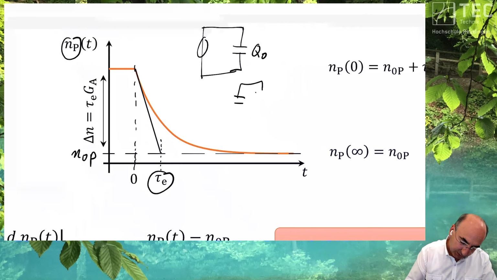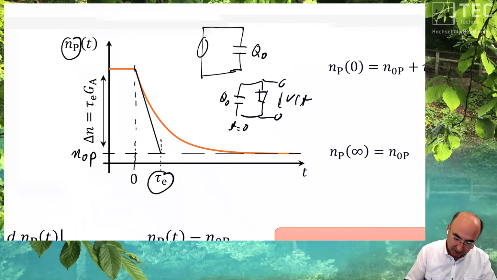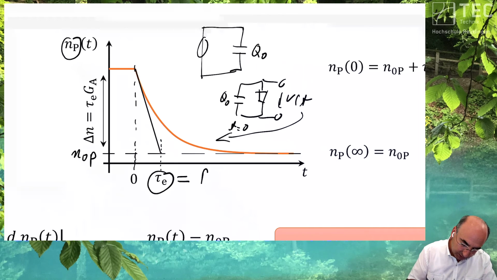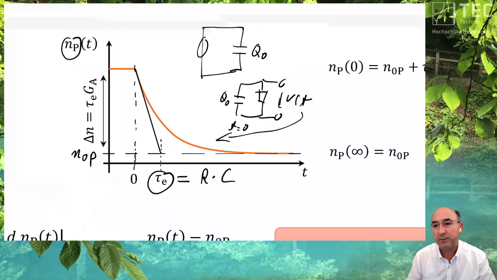Then if you put this capacitor to a resistor with the Q0 at T0, and if you plot the voltage as a function of time, then you see just this figure. And this time constant is R times C.